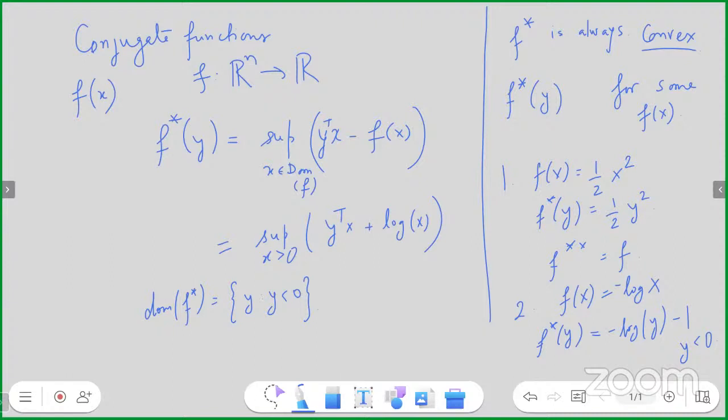What kind of function is x transpose y plus log x? What is the guess for the optimizing x, even if you did not know differentiation?